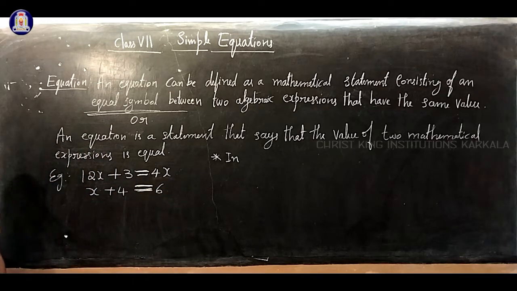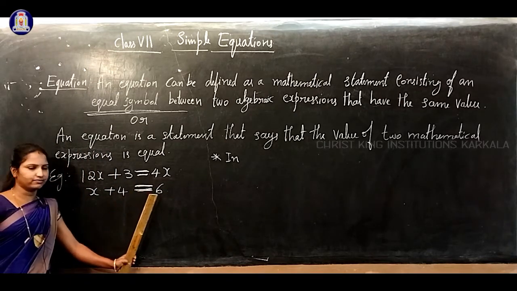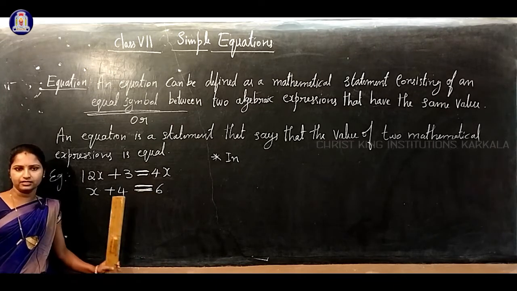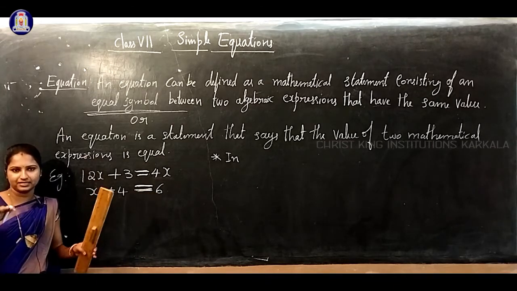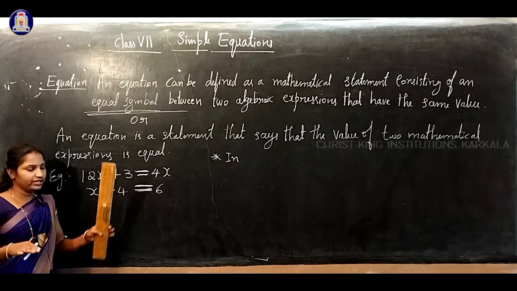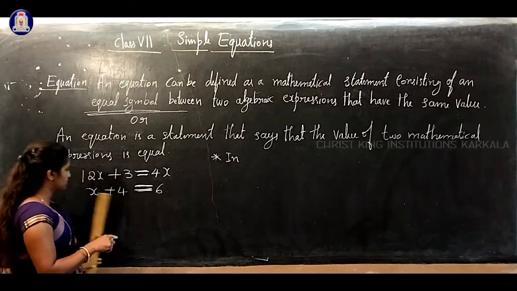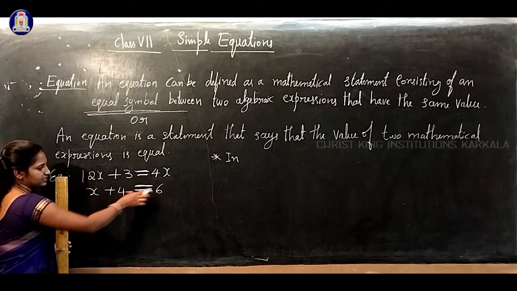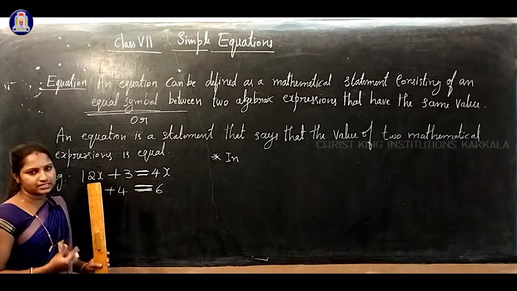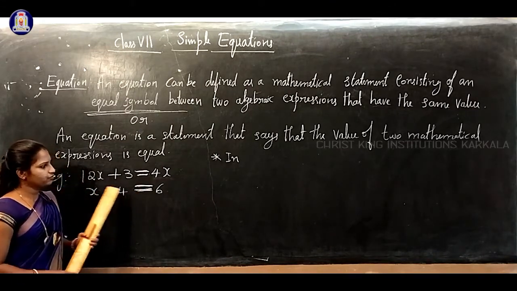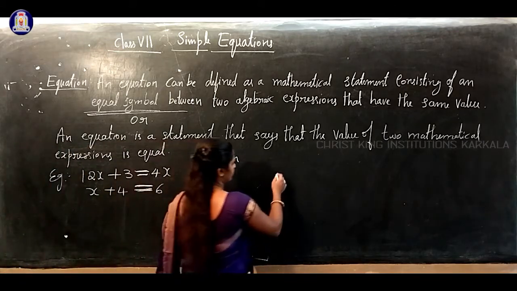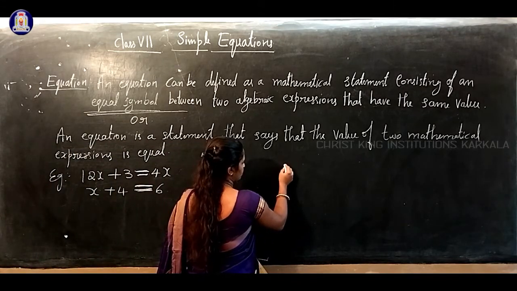After solving, we will get the same answer on both sides. You know how to balance, how we weigh vegetables or fruits. Like this, on both the left hand side and right hand side, we should get the same values.